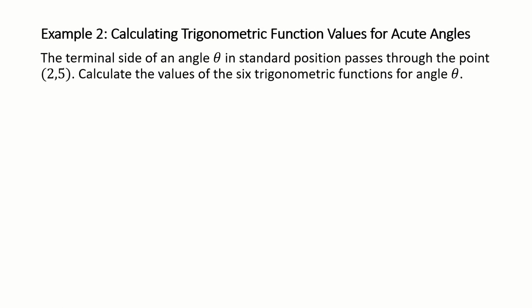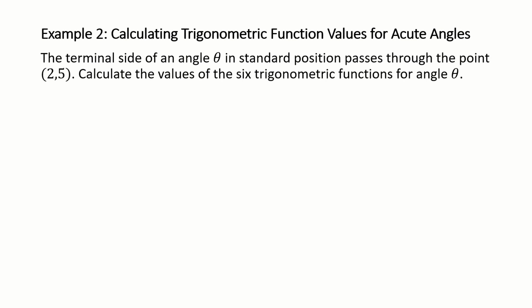This time, we will calculate trigonometric function values for acute angles. The terminal side of an angle in standard position passes through the point 2 and 5. Calculate the values of the 6 trigonometric functions for angle theta. So, our step 1 is to make sure that we know where it is located in our Cartesian plane.